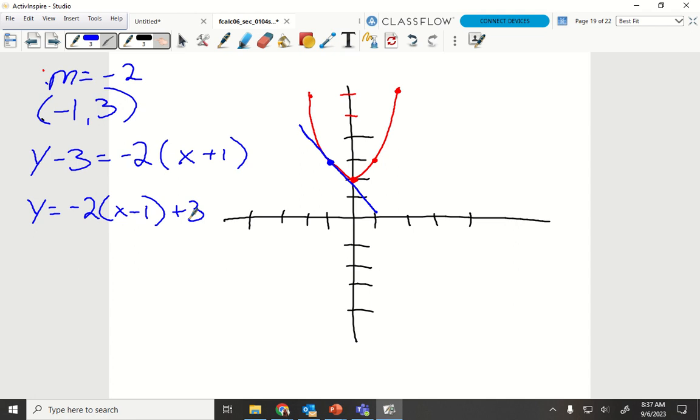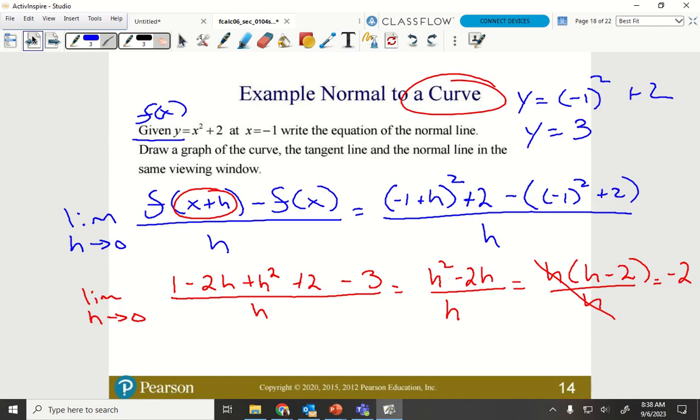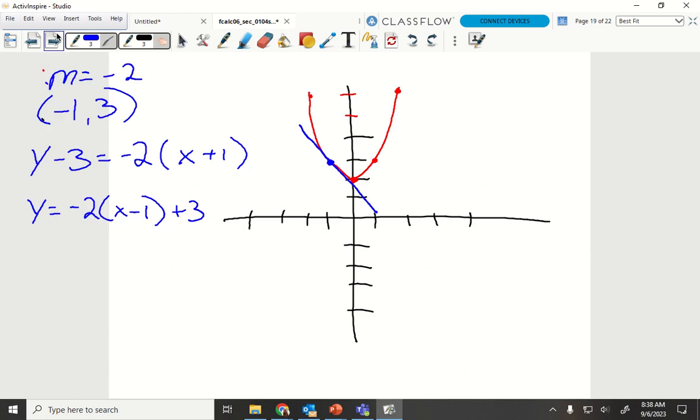Now, given this, let's go back. This is the tangent. So we have the curve, we have the tangent, now we need the normal. What do you know about the normal? Define normal.